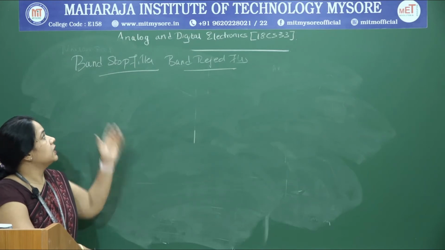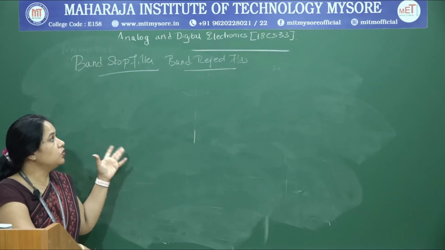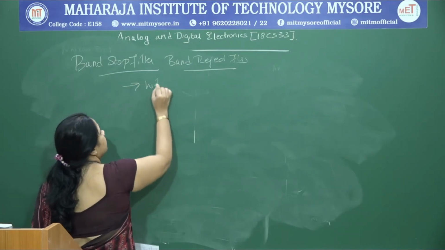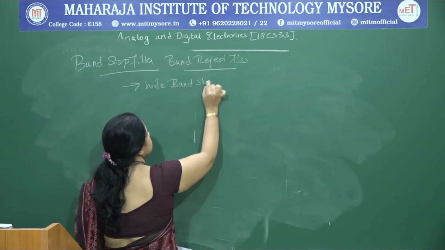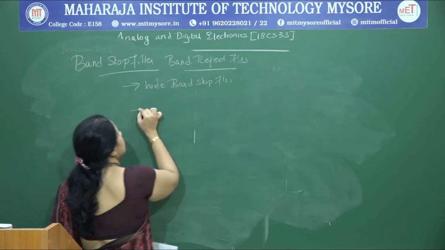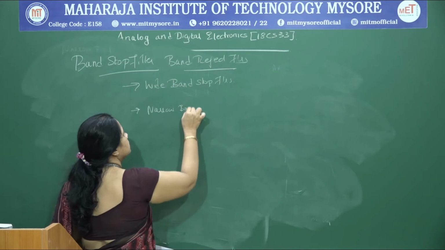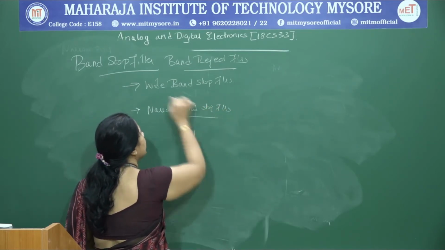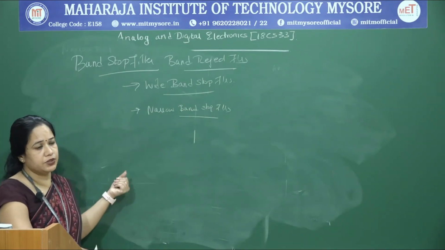Again, just as in the case of your band pass filter, based on the frequency response, we do have two types of band reject filters, that is wide band stop filters and narrow band stop filters. So, we have two types, the wide band stop and narrow band stop filters, depending on the frequency response.